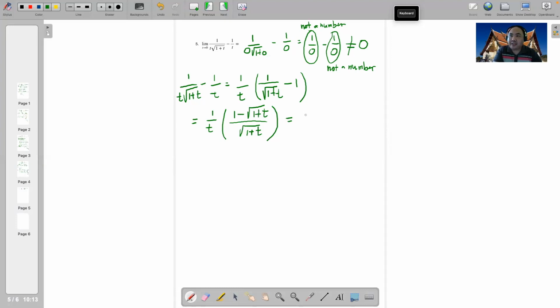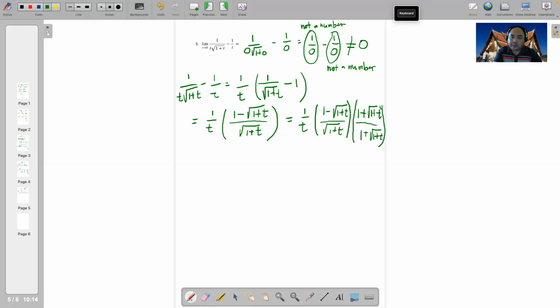Again we will probably multiply the binomial conjugate of the numerator, correct? So we copy 1 over t, and then we have 1 minus square root of 1 plus t divided by square root of 1 plus t. This time we multiply the binomial conjugate of the numerator, 1 plus square root of 1 plus t divided by 1 plus square root of 1 plus t.